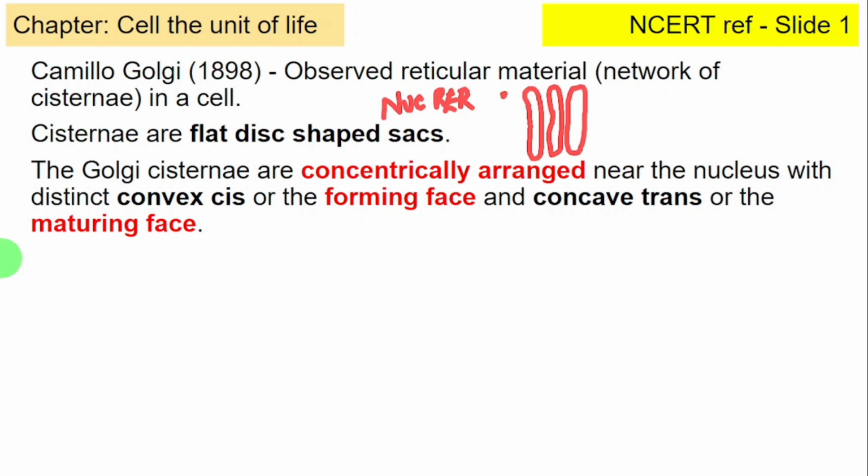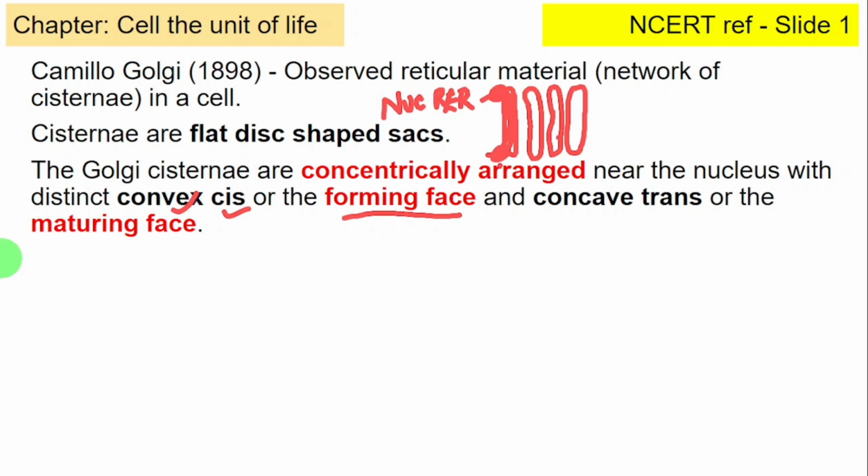The phase which will receive the newly formed protein, the new vesicle will come and pinch in this area, it will merge in this area. So this is the reason why it will have a convex shape. It will look like this, convex shaped. And this is called the forming phase. It is convex shaped and it is called cis phase or forming phase.